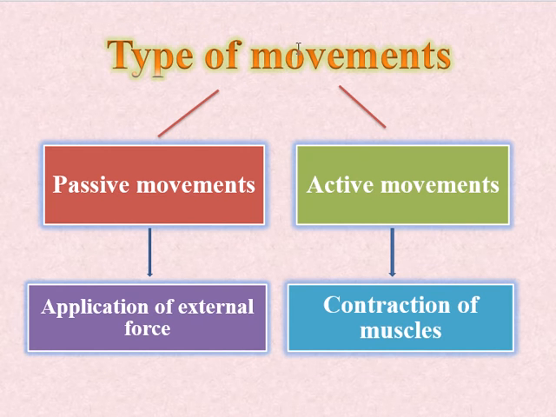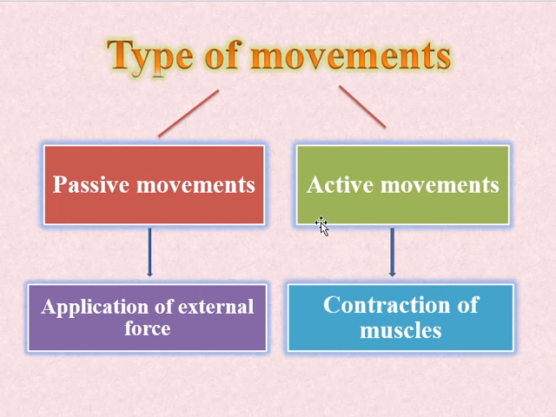Now look at the types of movements: passive movement and active movement. Passive movement is the application of an external force. Active movement is by the contraction of the muscle. Passive means by an outside source, an external force. It may be your opposite hand, opposite extremity, or it may be your physiotherapist.